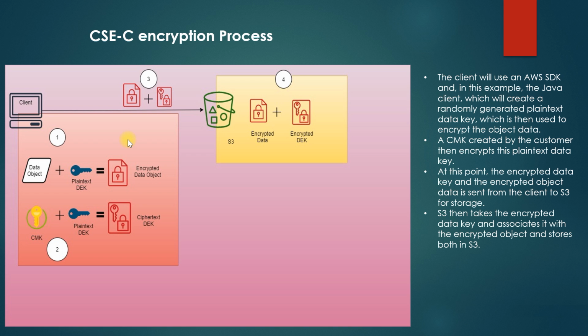In the next step, the client sends the encrypted data object as well as the ciphertext data encryption key to S3, and both will be stored on S3. So this is how encryption takes place by leveraging client-side encryption using customer keys.